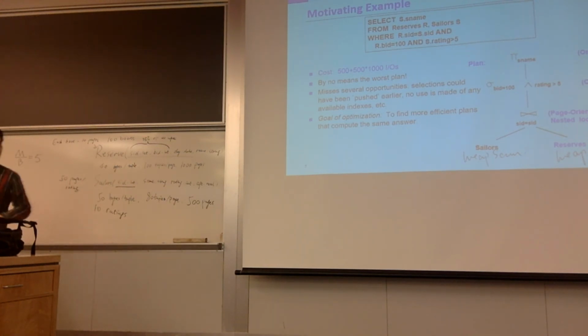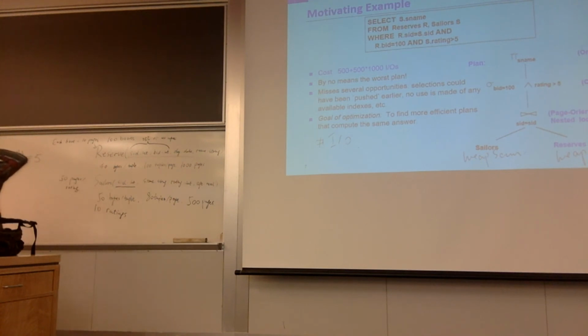Let's assume our goal of optimization is to find the most efficient plan that computes the same answer. How do we define the efficiency here? Let's suppose we just compute how many IOs we need. We just care about the number of IOs. We don't even care about what kind of IO we're using.